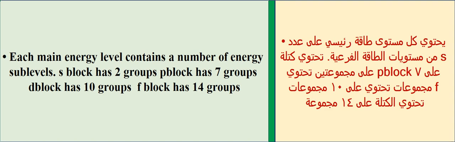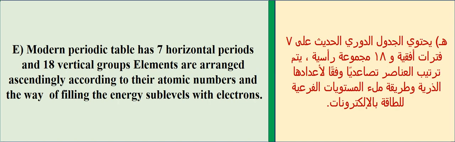S block has 2 groups, P block has 6 groups, D block has 10 groups, F block has 14 groups. E. Modern periodic table has 7 horizontal periods and 18 vertical groups.